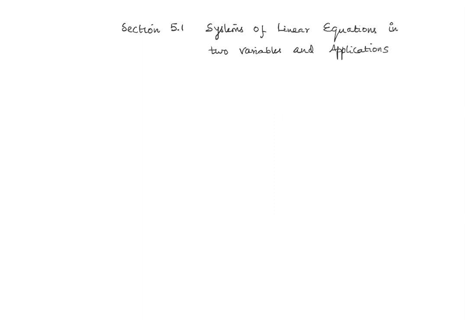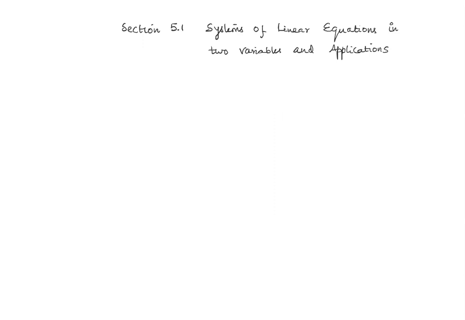A system of linear equations means you have two or more linear equations together. The example is given in the handout.